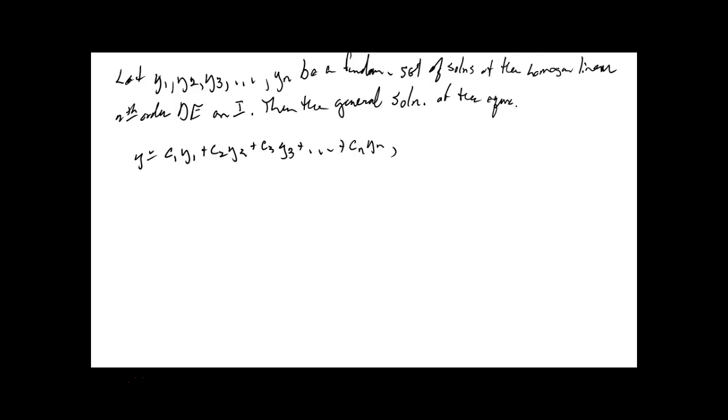What this is saying is your general solution will be any linear combination of your fundamental set, where the i's are 1 to n is the only thing I've left off. Where C sub i, when i is equal to 1, 2, 3, dot, dot, dot, up to and including n. Sorry. Or arbitrary constants.